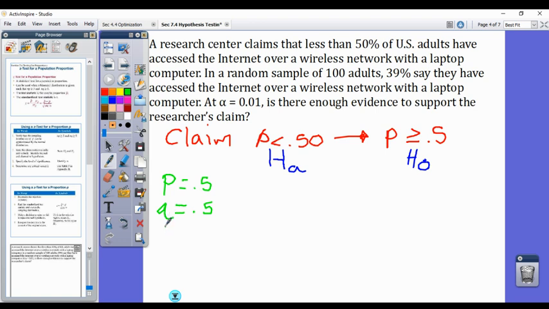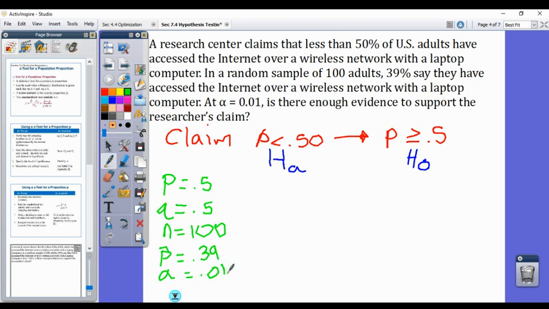In this case, n is 100, so we have a random sample of 100 adults. 39% say they have accessed the internet over a wireless laptop computer. So that's telling me my p hat is going to be 0.39. And in this case, my alpha level is 0.01.